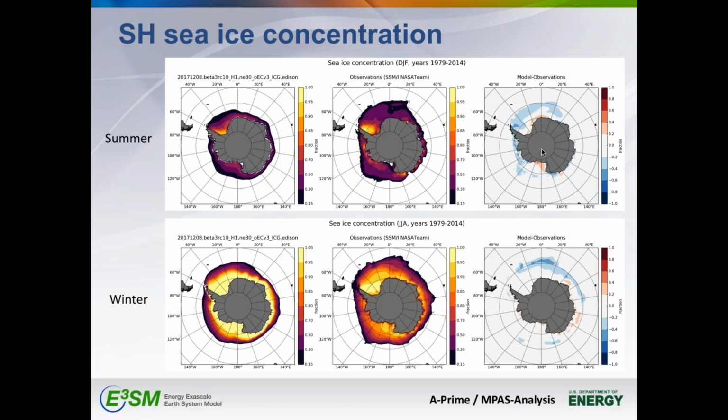And this is sea ice concentration summer and winter for the Southern Hemisphere. Generally speaking, a little bit less than observation. Blue means you are missing, we don't have enough sea ice.